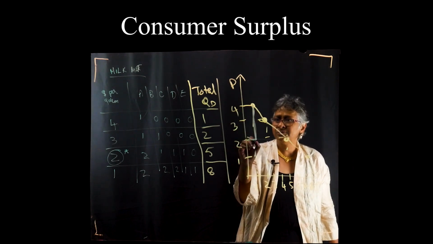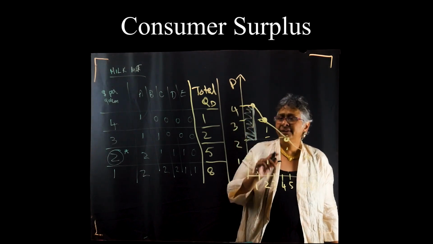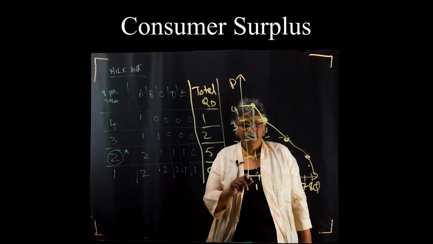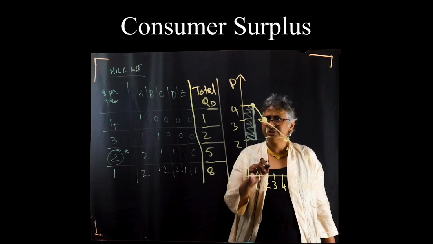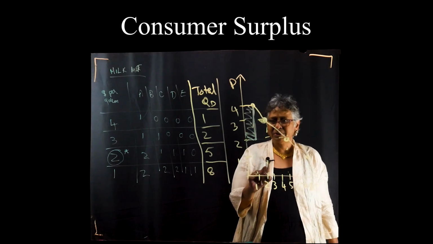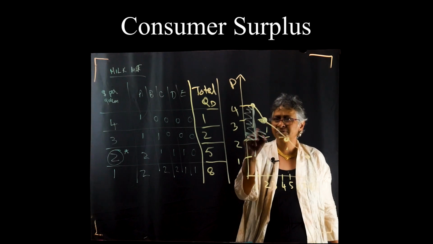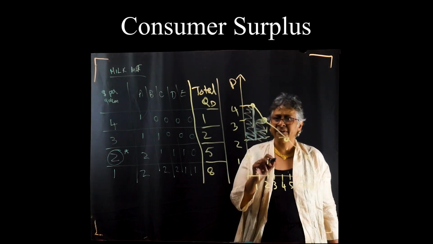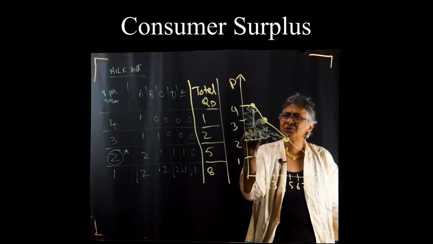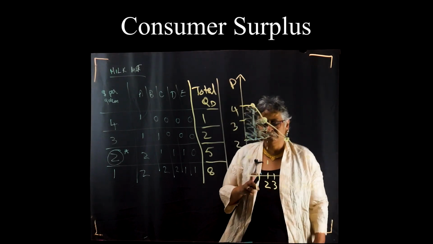You're only paying $2. That's your surplus there. For the second unit, when B enters, you would have been willing to pay $3, but you only had to pay $2. That's your surplus there, and so on. So if you just add across all these, that's your consumer surplus.